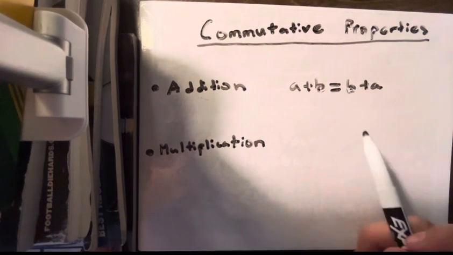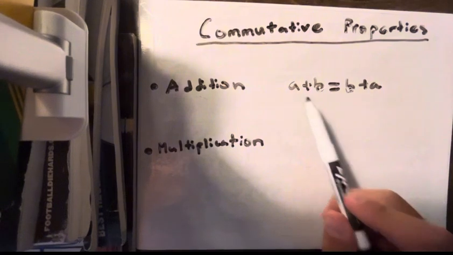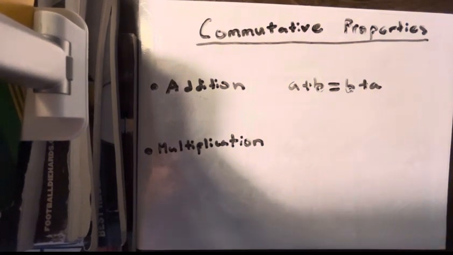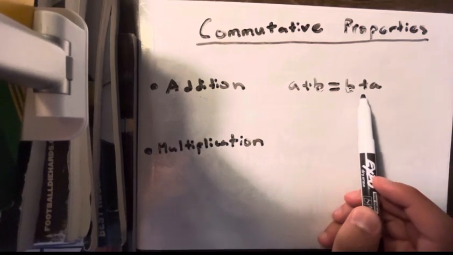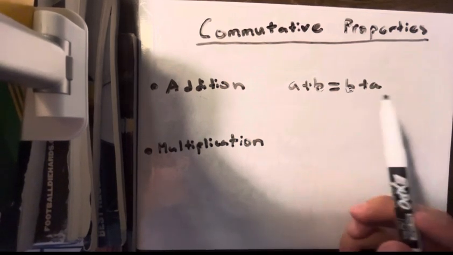So that means we can plug in any number for a and any number for b as long as it's real, and this side is going to absolutely equal this side. It is guaranteed that this side equals this side.